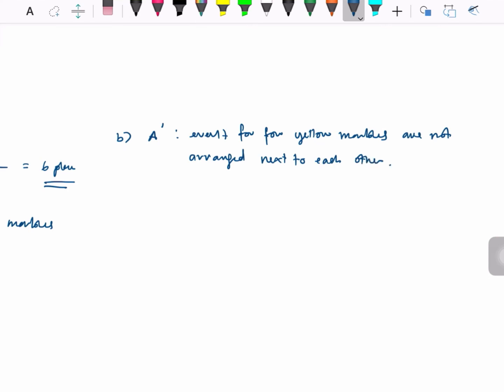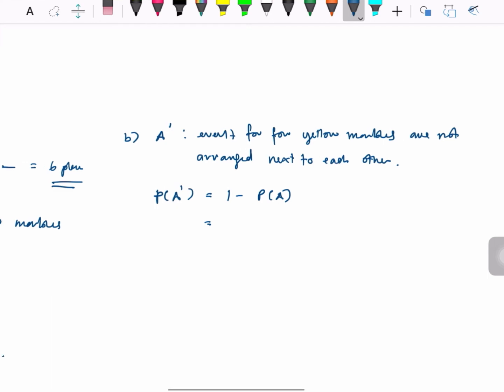By using the formula of complements, if you still remember, the probability of A complement equals 1 minus the probability of A. Since we already have the value of P(A) as 1 over 21, we just calculate 1 minus 1 over 21, which means we have 20 over 21.